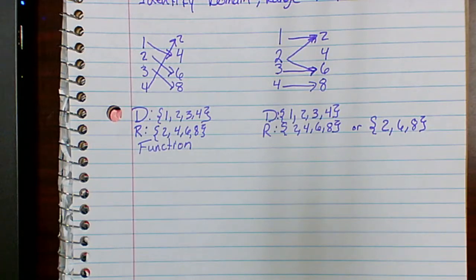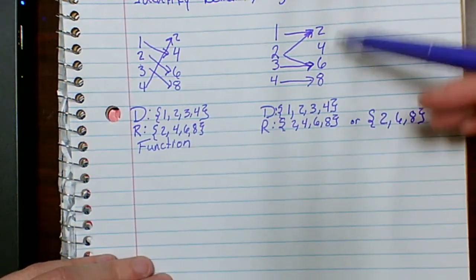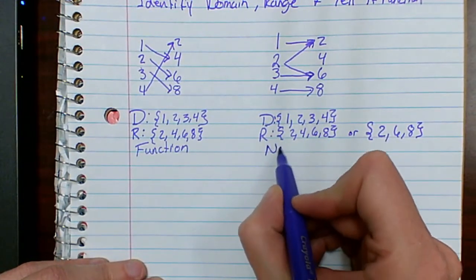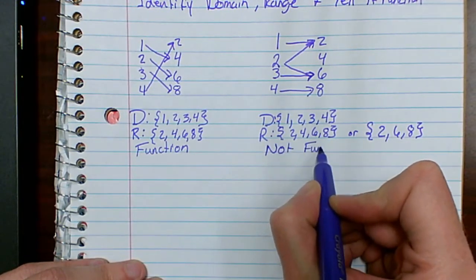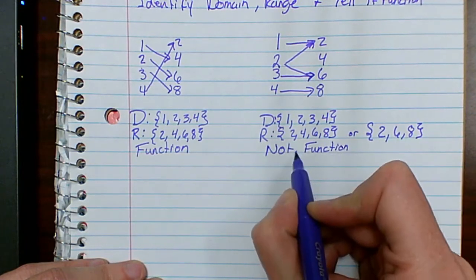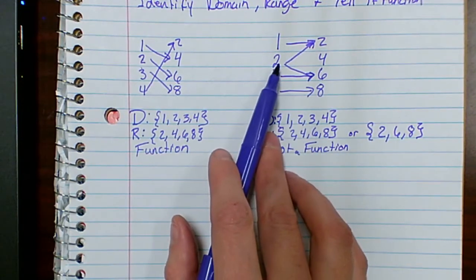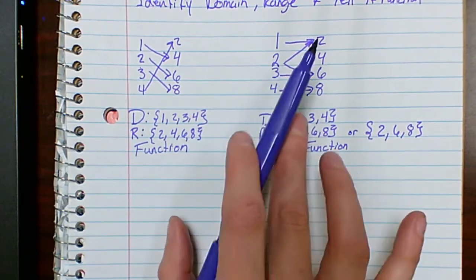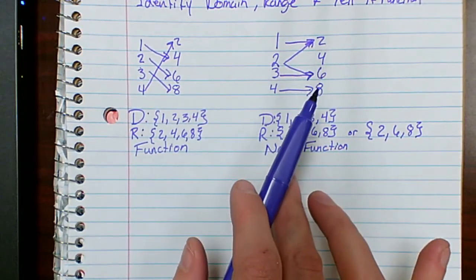I would typically leave out the 4, but I have seen the 4 included in the range before, since it is included in our list. This is not a function because 2 is going to a 2 and a 6. So it's saying like a pen is $2 and $6. It just doesn't work.